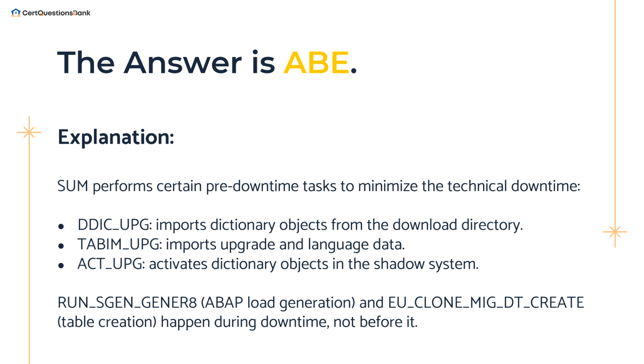ACT_UPG activates dictionary objects in the shadow system. Run_SGEN_GENER8 ABAP load generation and EU_clone_mig_dt_create table creation happen during downtime, not before it.